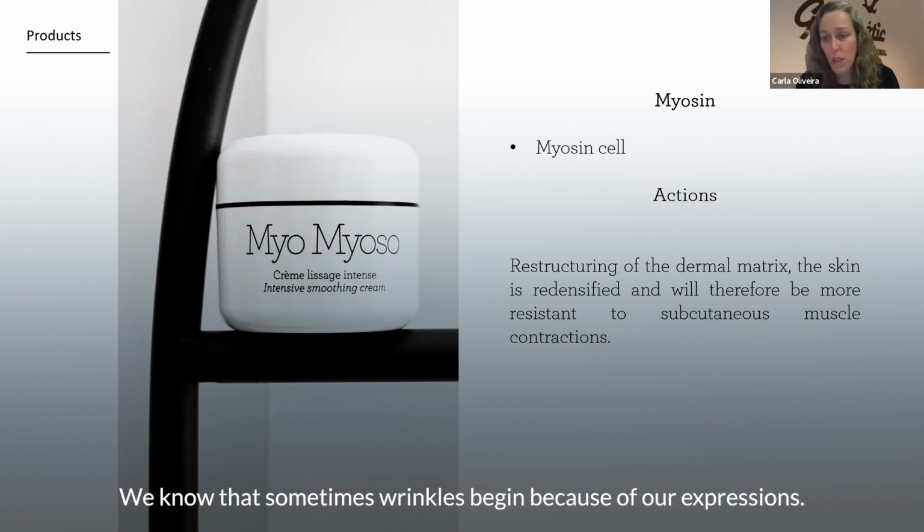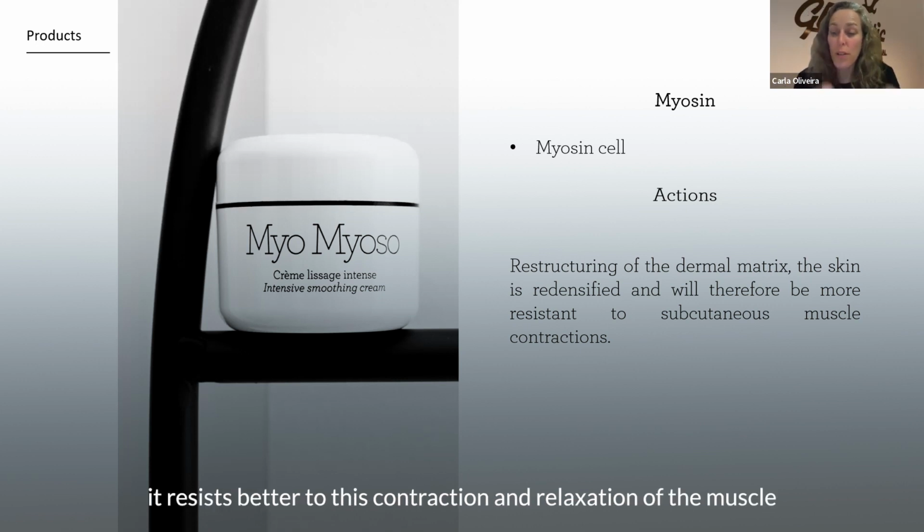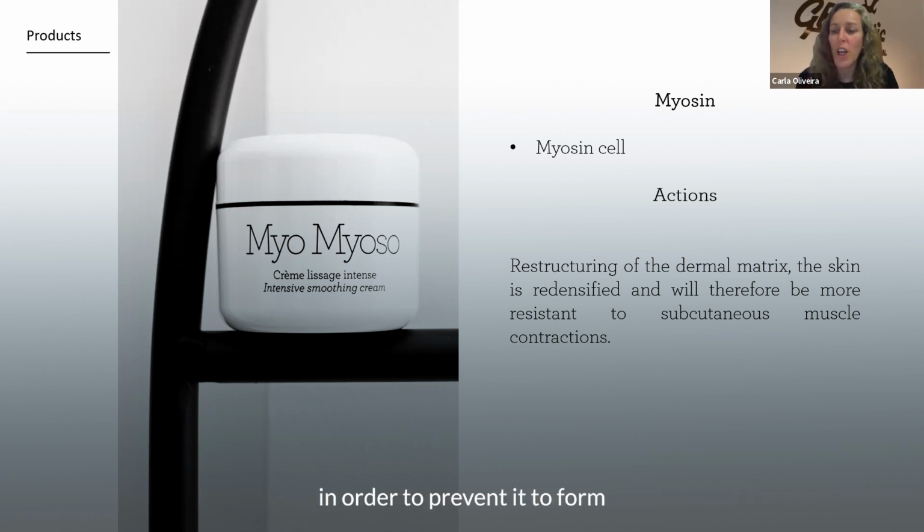We know that sometimes wrinkles begin because of our expressions. And so when we apply a product that increases the structure of the tissue, it resists better to this contraction and relaxation of the muscle in order to prevent it from forming the small wrinkle that begins everything.